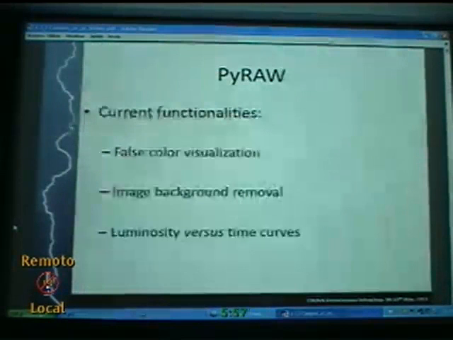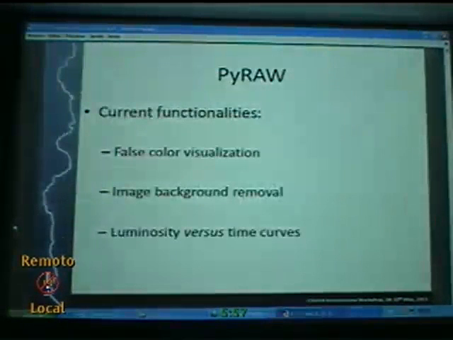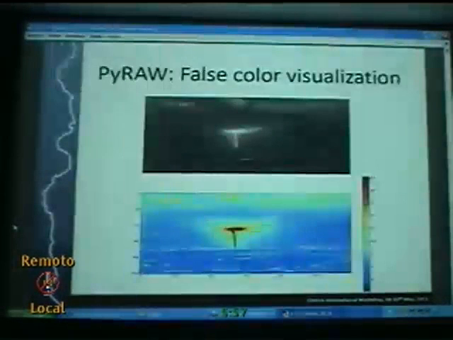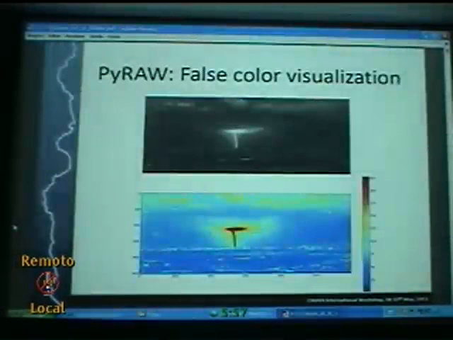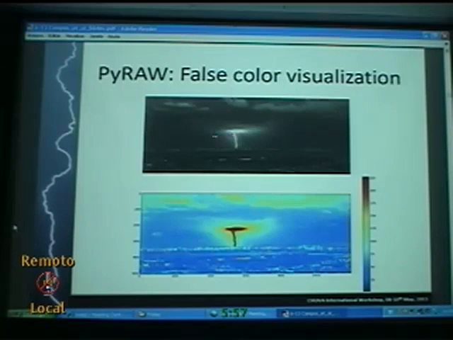So the current functionalities of this library are the false color visualization, image background removal, and luminosity versus time curves. So this is how we would usually see the monochromatic typical lightning record provided by one of the cameras. And this is the false color imagery that we can generate with PyRAW. You can see that the levels of gray here, to the eye, are very, very subtle.